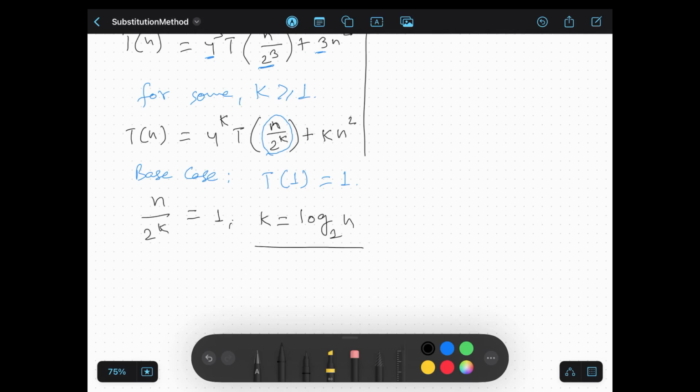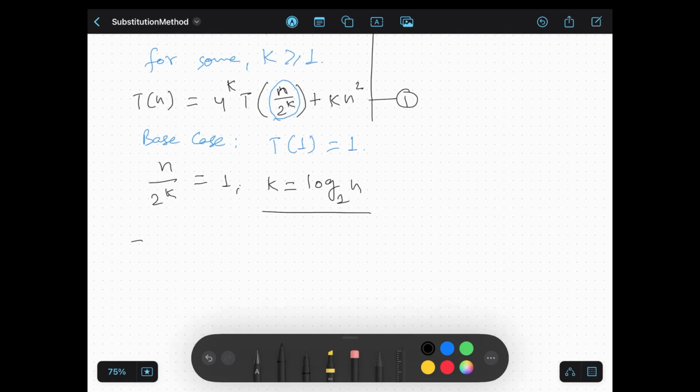Putting this value in the equation, we will get 4 to the power log n times T of 1, because this is 1, plus log base 2 n times n square.